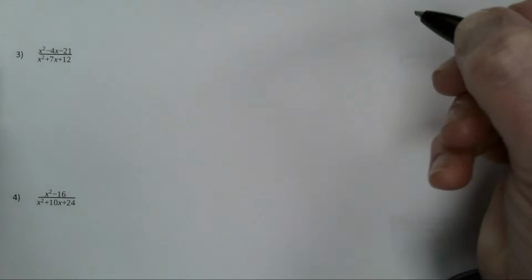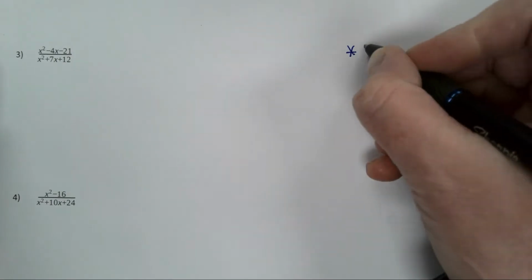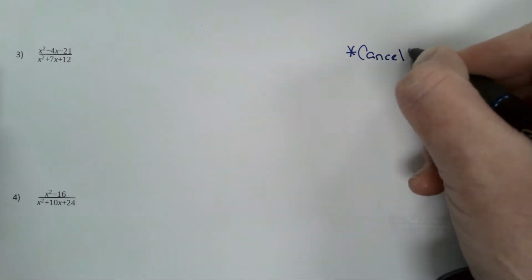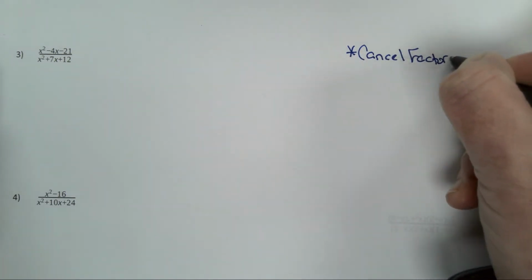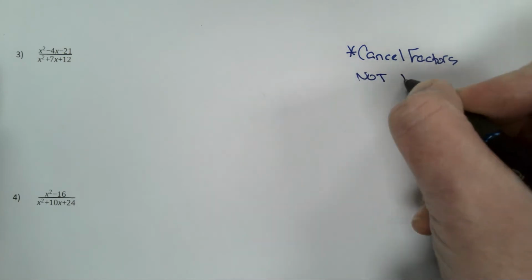And when we get down to number 3 and 4, so now we have polynomials. And on number 3, we have a trinomial on top and we have a trinomial on bottom. What is super important is that you have to learn that we cancel factors, not terms.